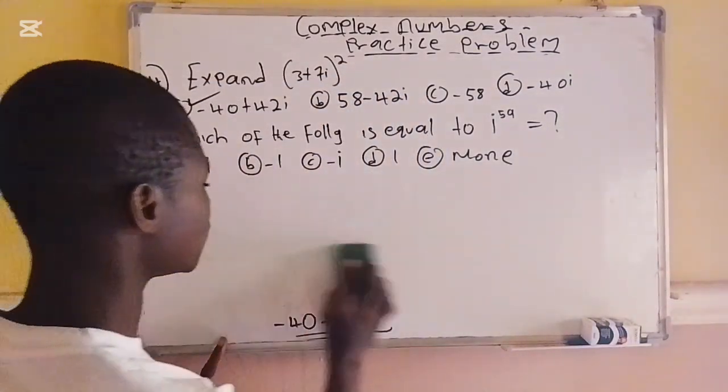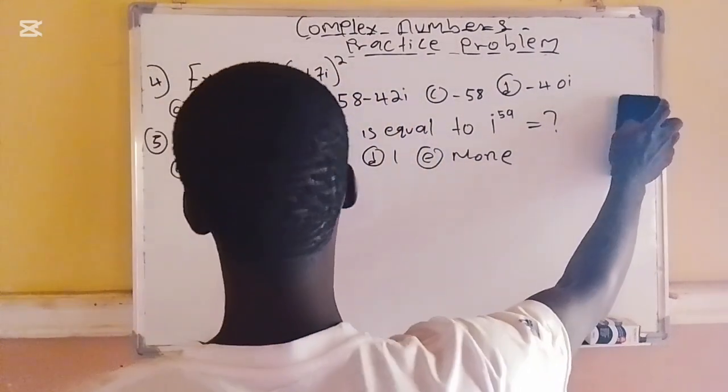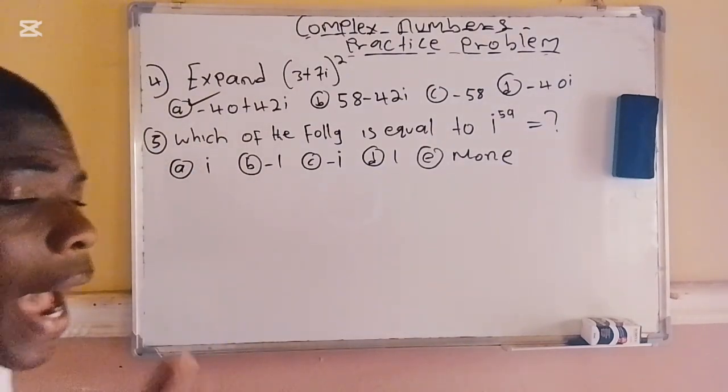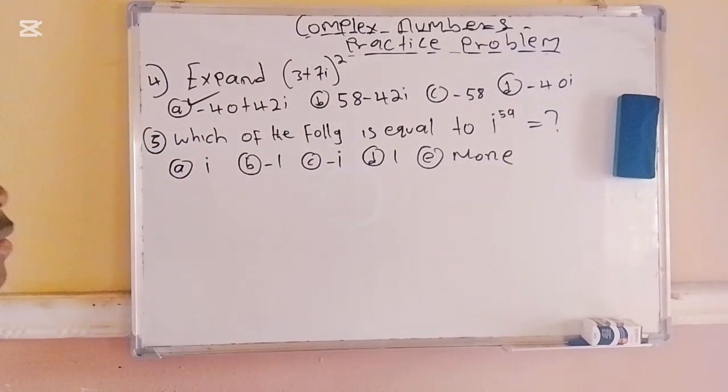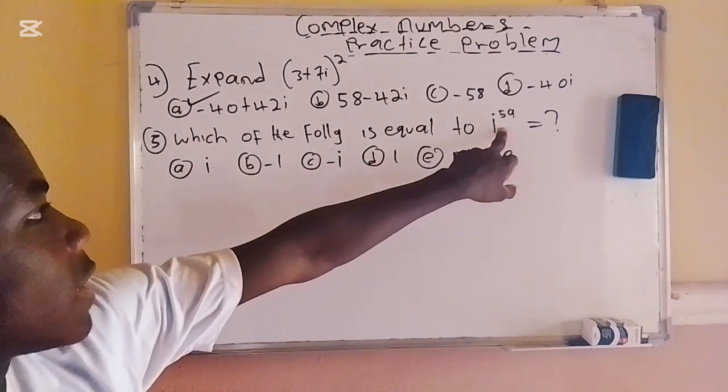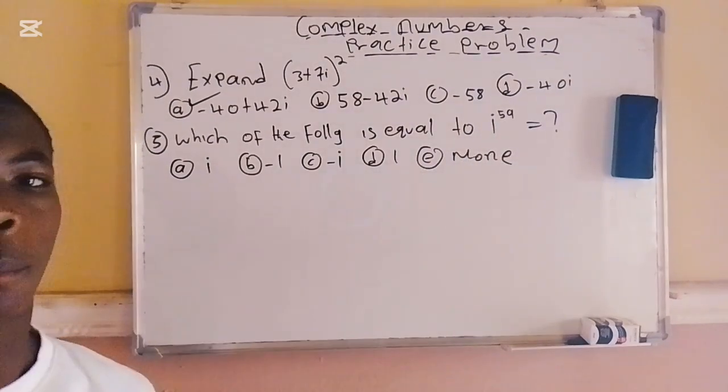The fifth question is the most confusing question: which of the following is equal to i raised to the power of 59? Don't overthink it. 59 is an odd number.